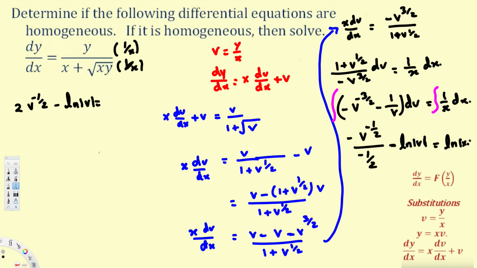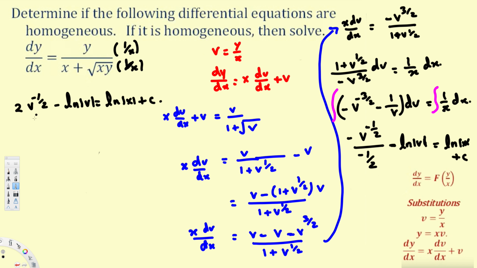And on the other side of the equation we have ln x. Also we have to put a constant, because on both sides we get a constant, and we can combine them together and write it as one constant. So this is going to be a constant right here. And on the other side of the equation we have ln x plus constant.